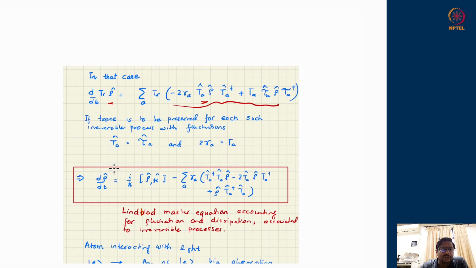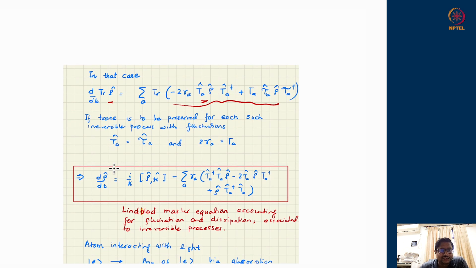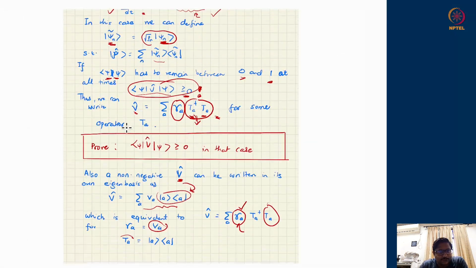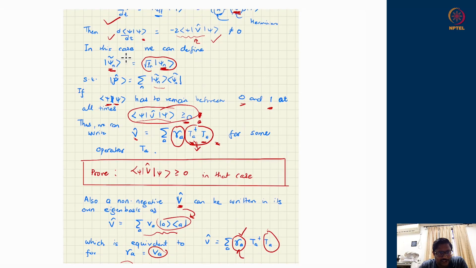However, if we want that under this kind of thing, whatever the state gets changed to, the trace has to remain a protected quantity in terms of the probability of the whole thing, meaning the normalized state. After each dissipation fluctuation term, what we were doing was trying to normalize the state like this. We are changing the probability assertion into that.